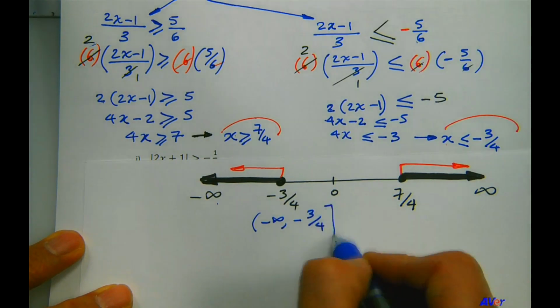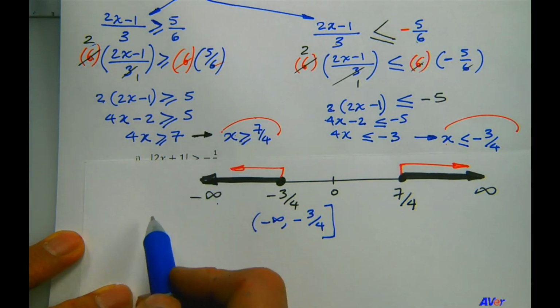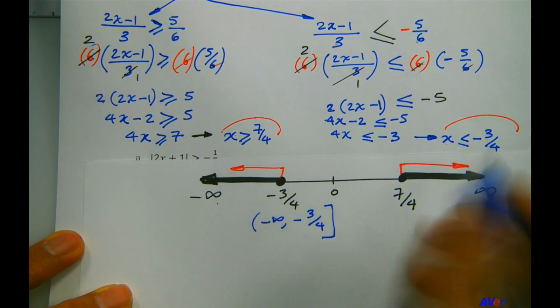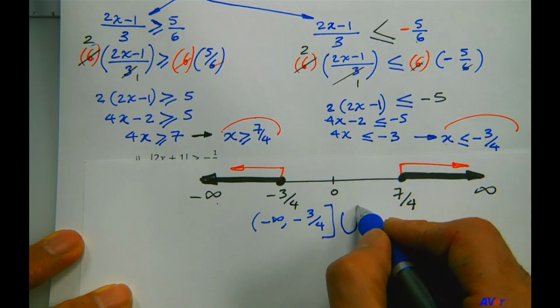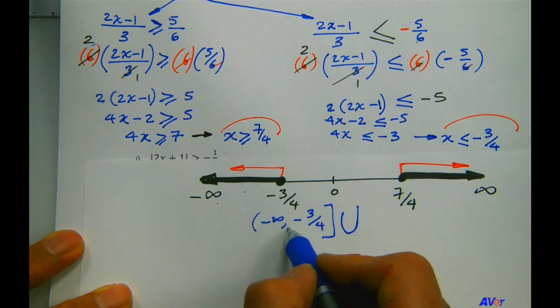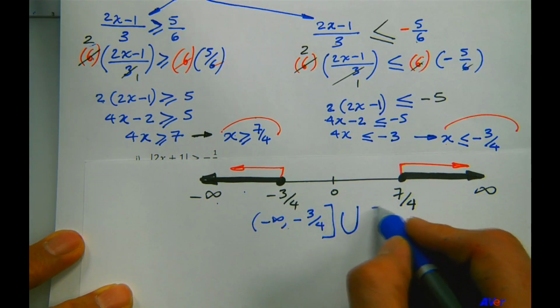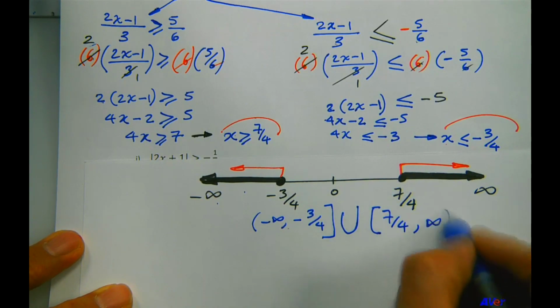If you said bracket, wonderful. That means you didn't forget that we have equality here. Equality here. Okay? So then union, right? This union means either this piece or that piece. So then we have bracket 7/4, comma, positive infinity.